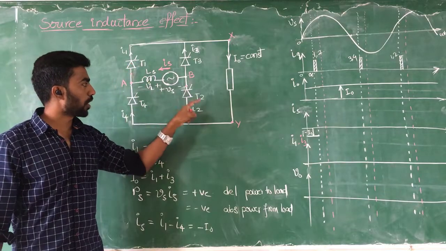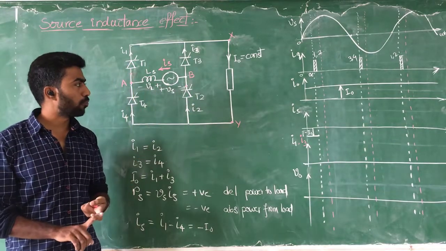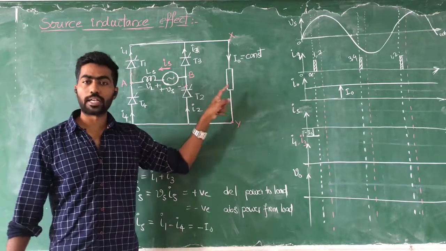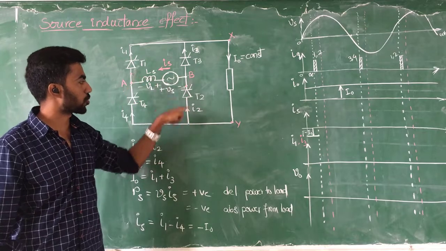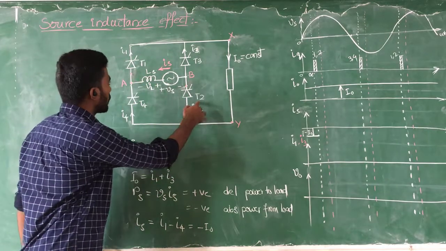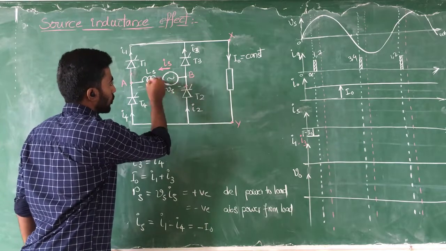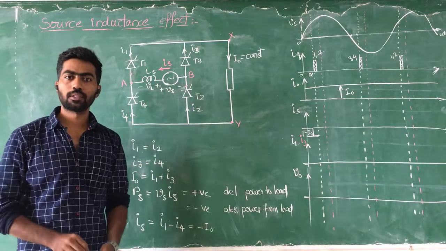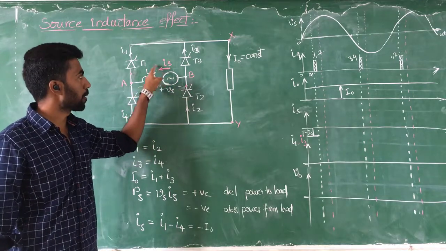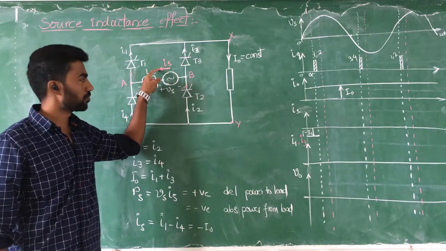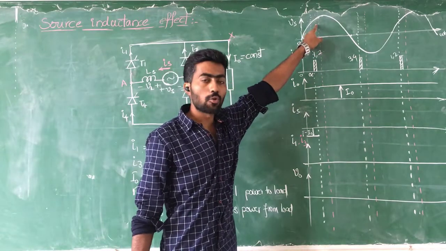Once thyristors T1 and T2 are triggered, there is a possibility of another path for the load current. If current flows through T2 and T1, this is the IS current direction. Then IS is positive, and after alpha the voltage Vs is also positive.